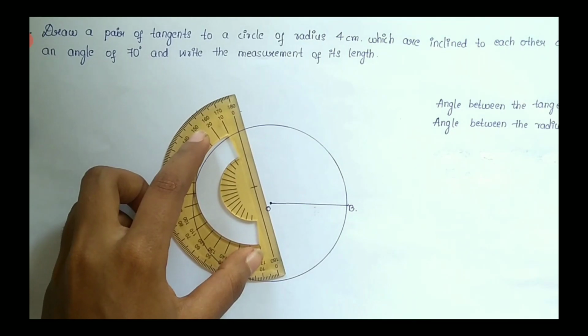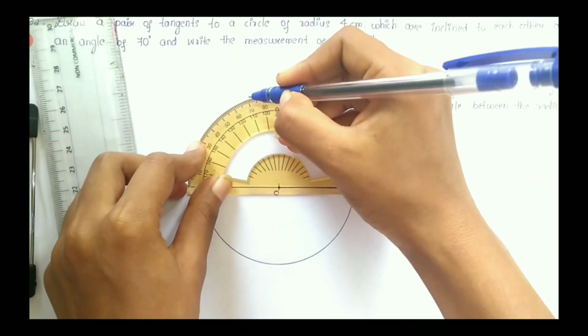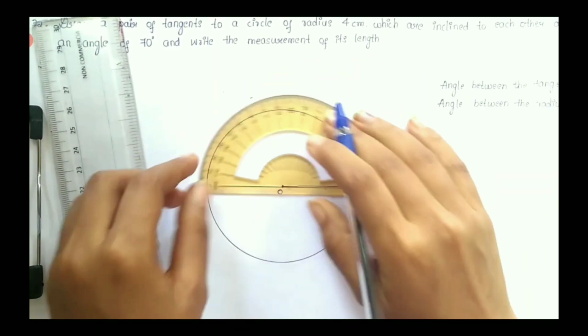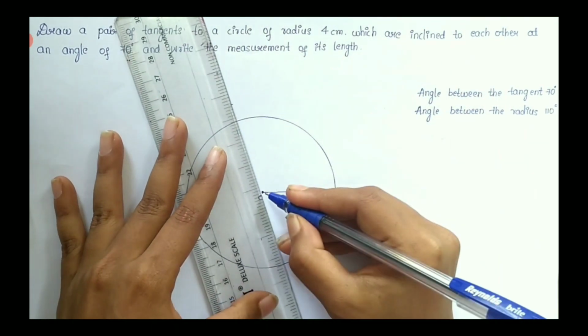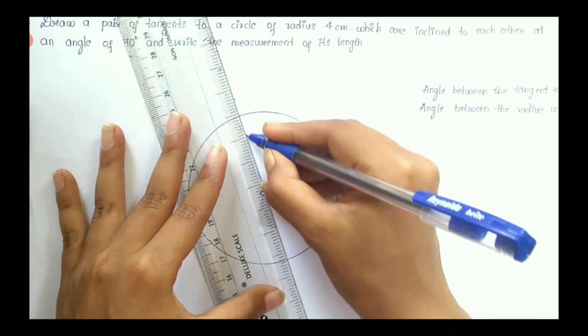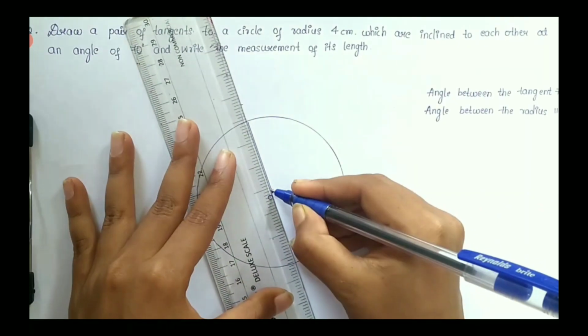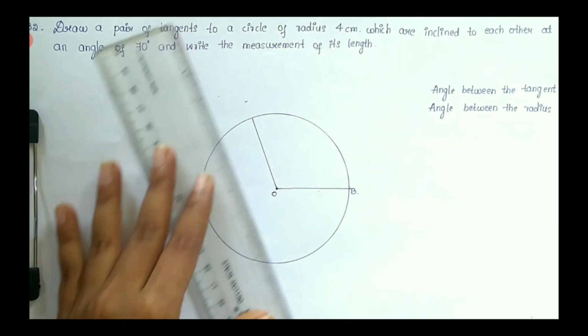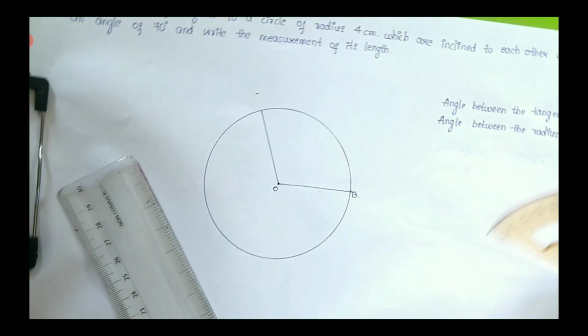How is it? At the center you measure 110 degrees and draw the radius. Here the angle between the radii is 110 degrees, as the angle between the tangents is 70 degrees.